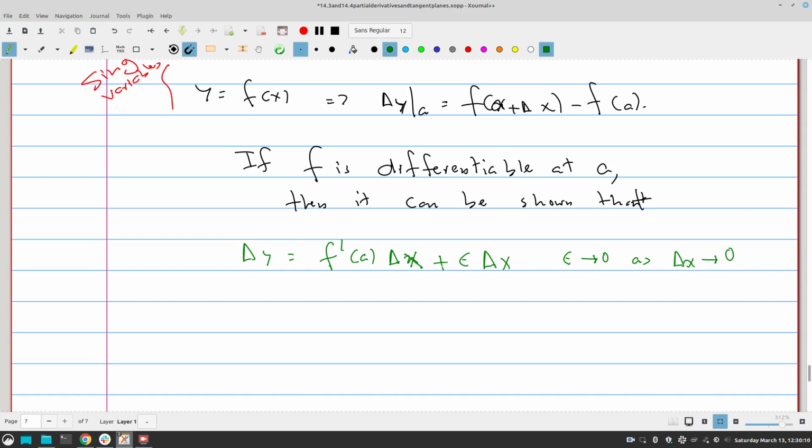Now, in multivariable calculus, we'll define differentiability in the following fashion. If z equals f(x, y), now this is in multivariable calculus.